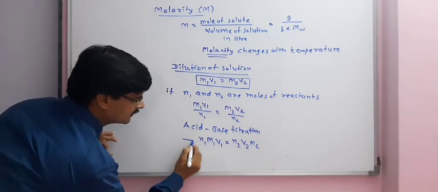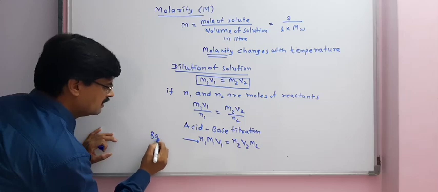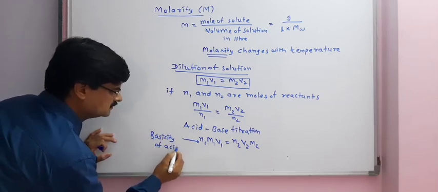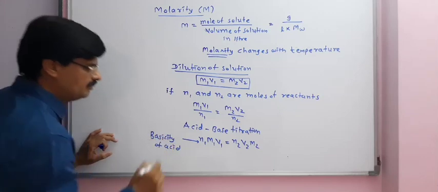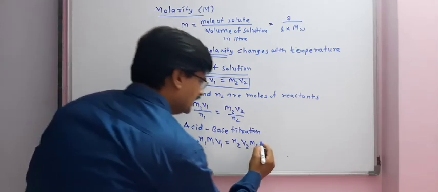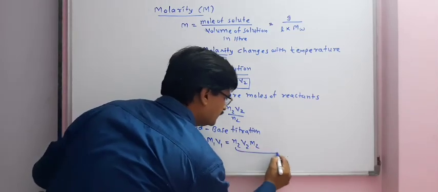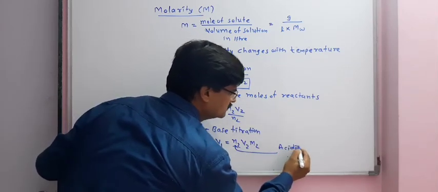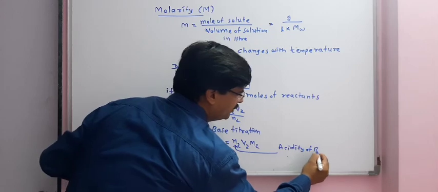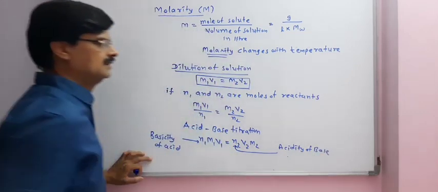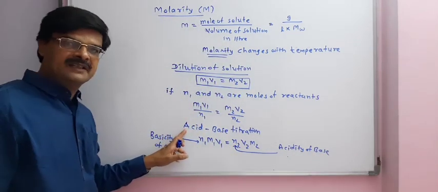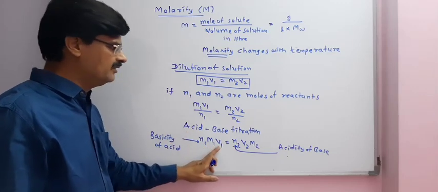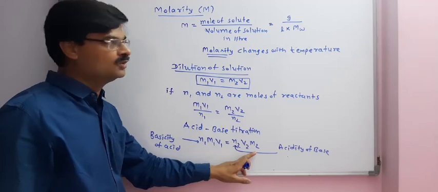Here N1 is basicity of acid, and N2 is acidity of base. So, for acid-base titration, we can use this formula N1 M1V1 is equal to N2V2 M2.